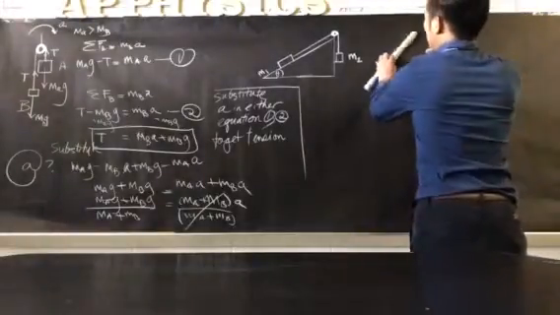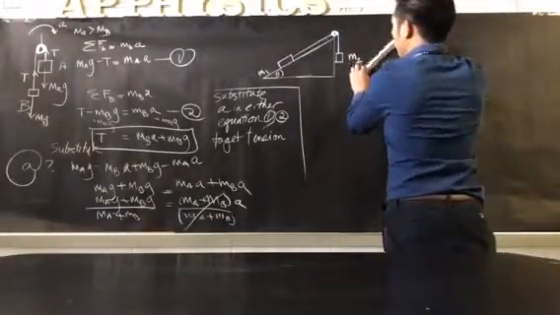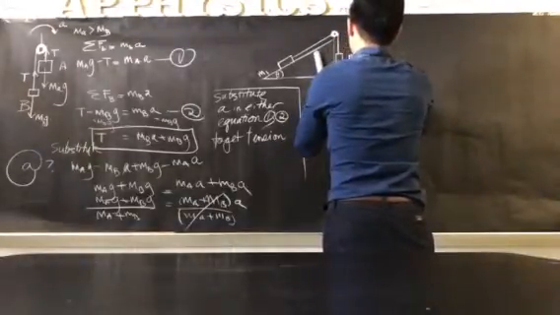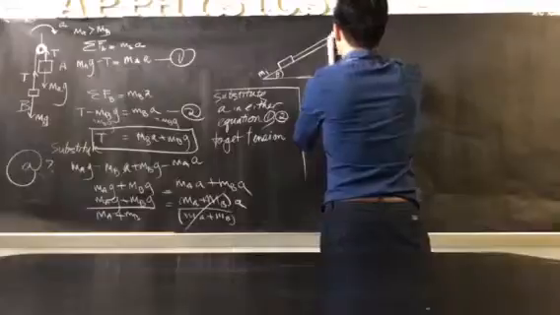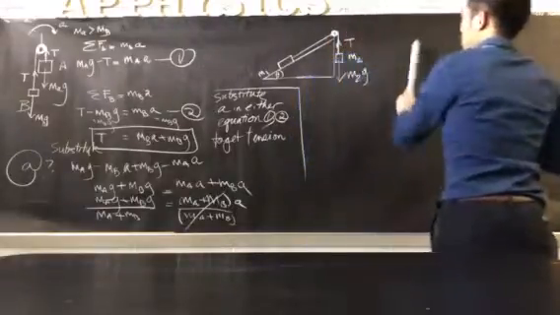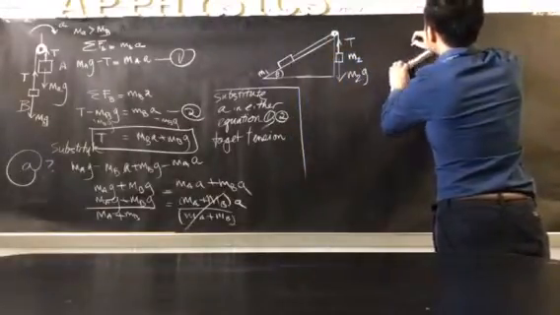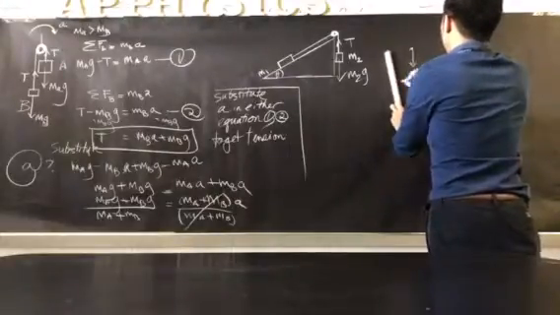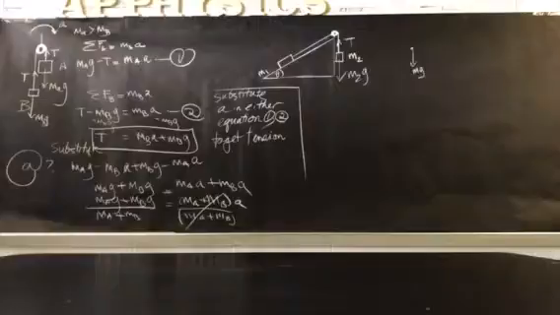Okay, let me do this question real quick so that you will get an idea of what's going on. So it will be M2G, and I have a force of tension there. Since I have mg, I'm going to have to separate the vectors.